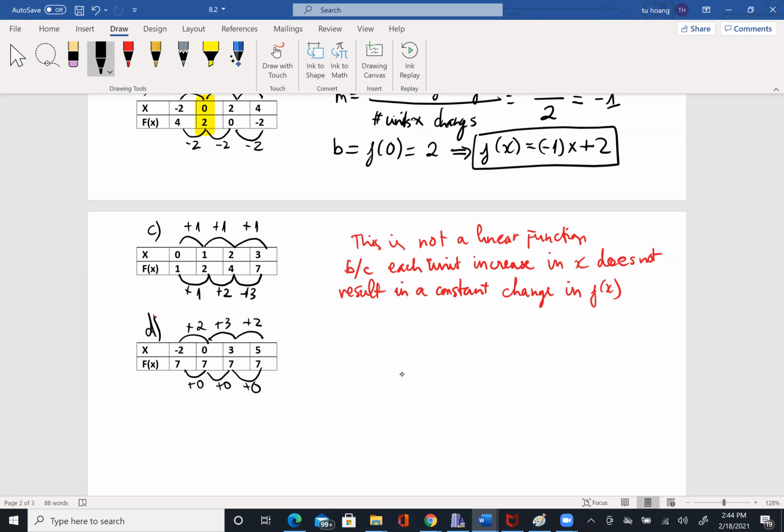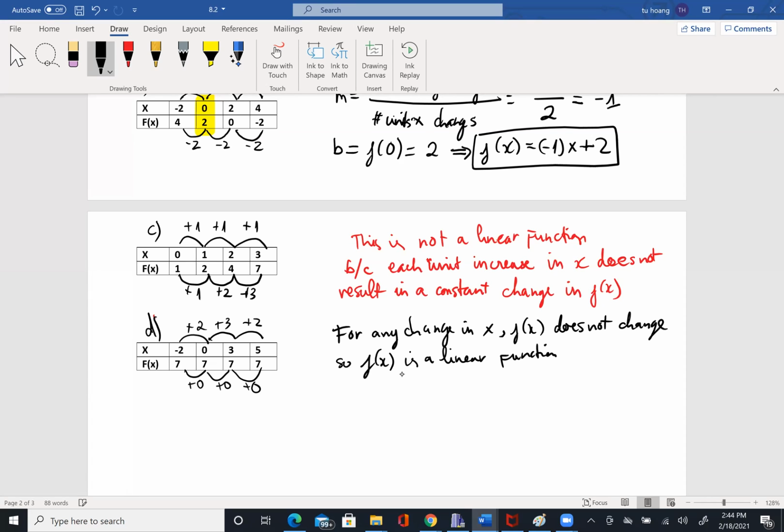Okay, so you can see that for any change in x, f of x does not change. So f of x is a linear function, right?